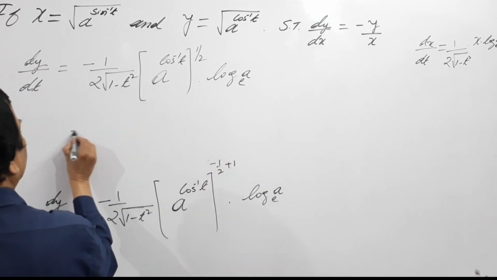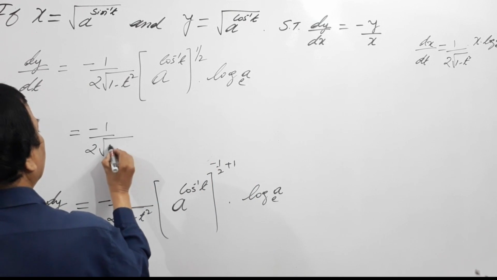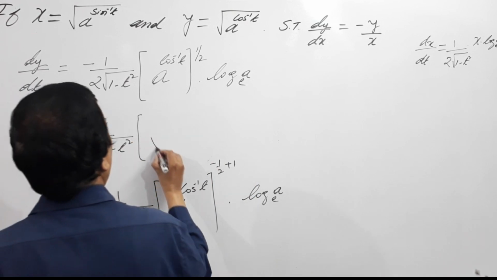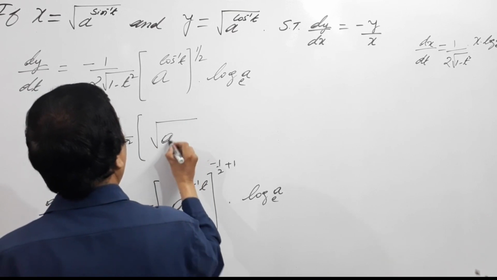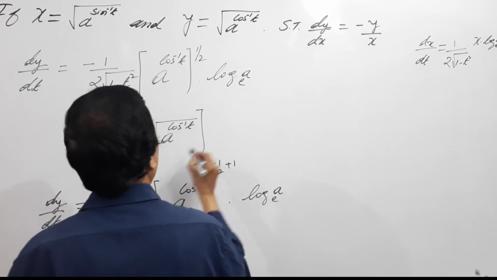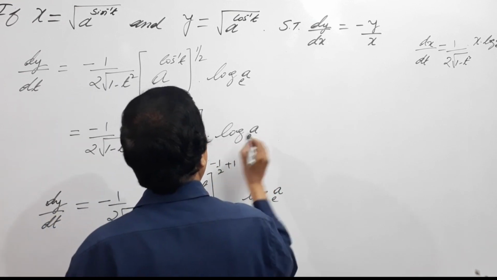Okay, so this is nothing but minus half into 1 minus t square, under root a to the power of cos inverse t into log a to base e.